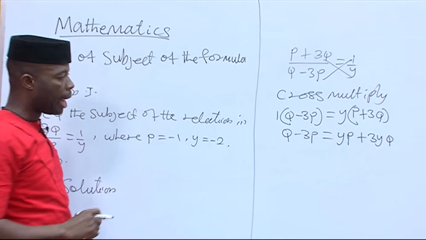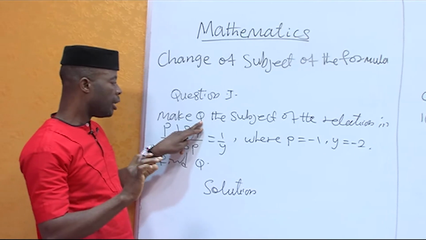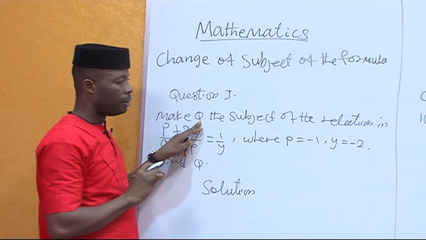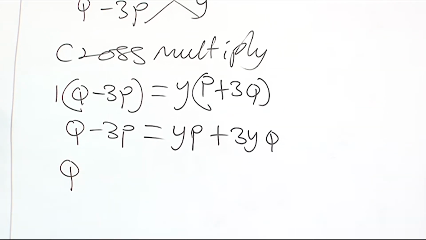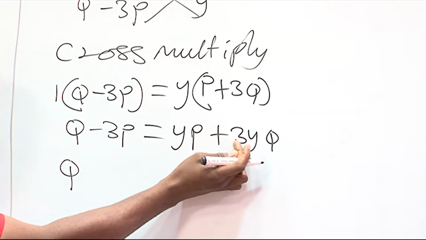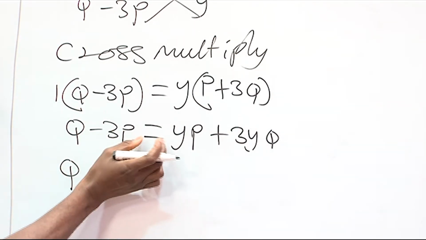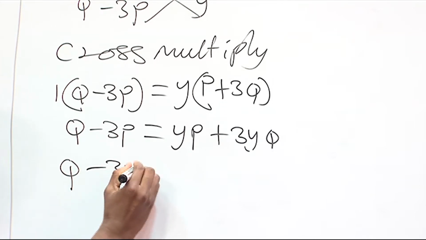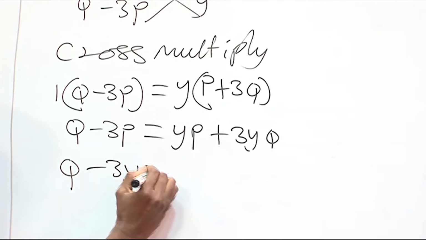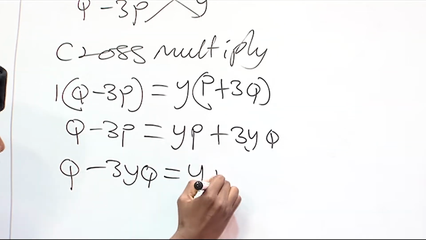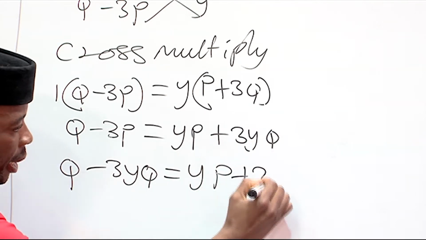Then we collect like terms, because we want to make Q the subject of the formula. So we look at Q here. 3YQ, crossing the sign of equation, becomes minus 3YQ. Q minus 3YQ equals YP minus 3P, where minus 3P crossing here becomes plus 3P.